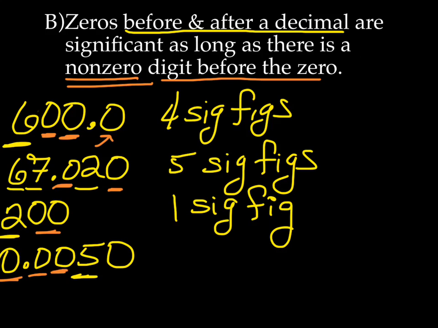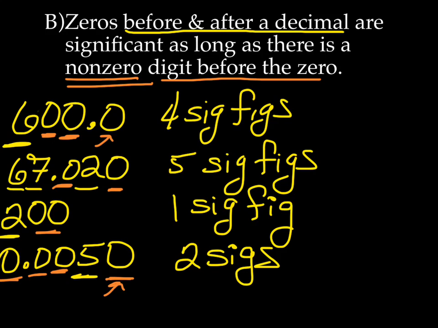They also are not between non-zero digits. They are after a decimal, but there is again no non-zero digit before the 0, so they are not significant. What about that last one? It's not between two non-zero digits. It is after a decimal, and there is a non-zero digit before the 0. So this last 0 is significant. So this number has a total of 2 sig figs.